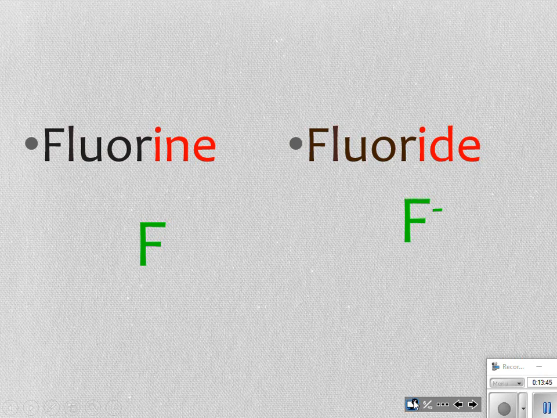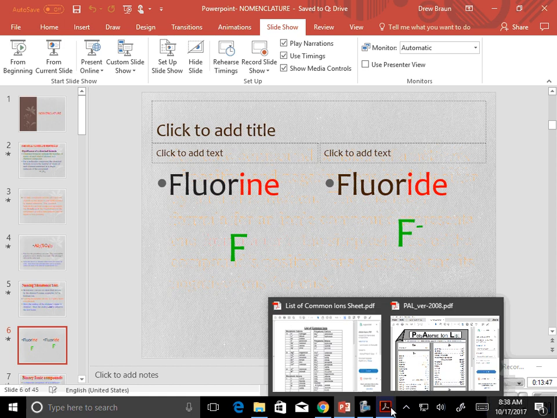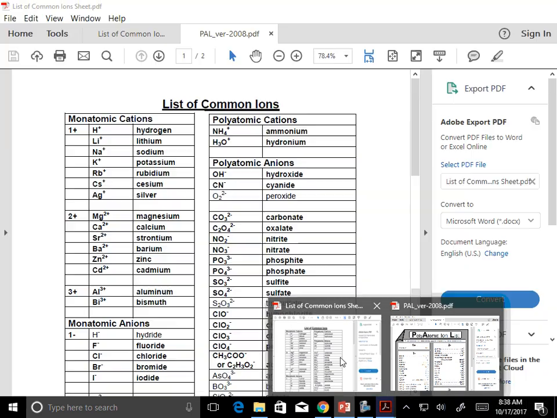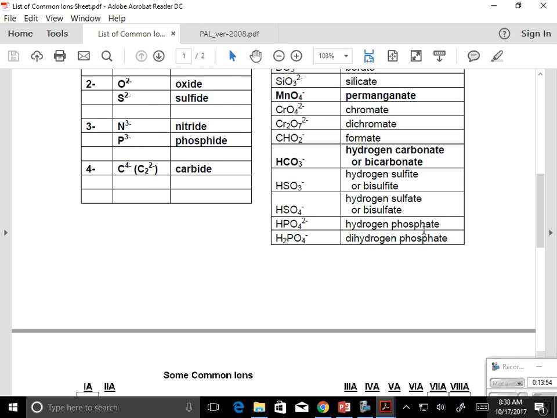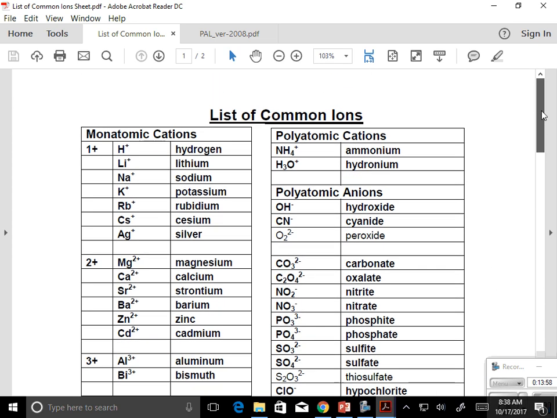And let's look at those ion sheets a little bit. I have these right here and here. Let's look at this one first. This is just a list of some common ions. So we have monoatomic cations. We look at the 1 plus charges. We look at the 2 plus charges. Here's some 3 plus.